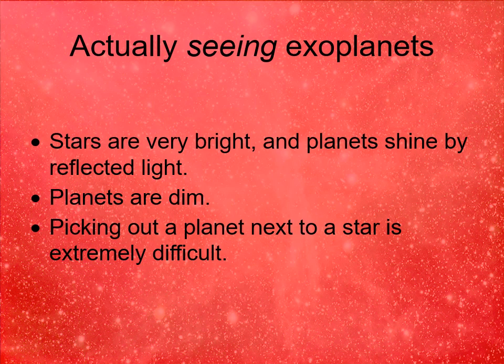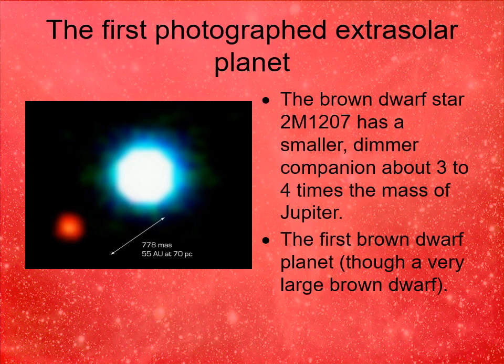Well, they're dim. They reflect sunlight, reflect starlight, so you have this tiny dim speck next to a star. And so that makes picking it out really hard. Nonetheless, that doesn't mean it's impossible. So this is actually a brown dwarf, a failed star, and something was found about 55 AU out from it, something that is about 3 or 4 times the size of Jupiter.